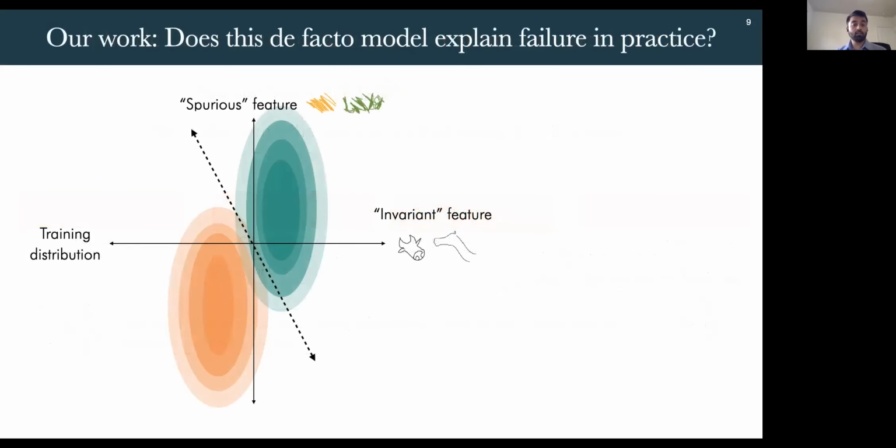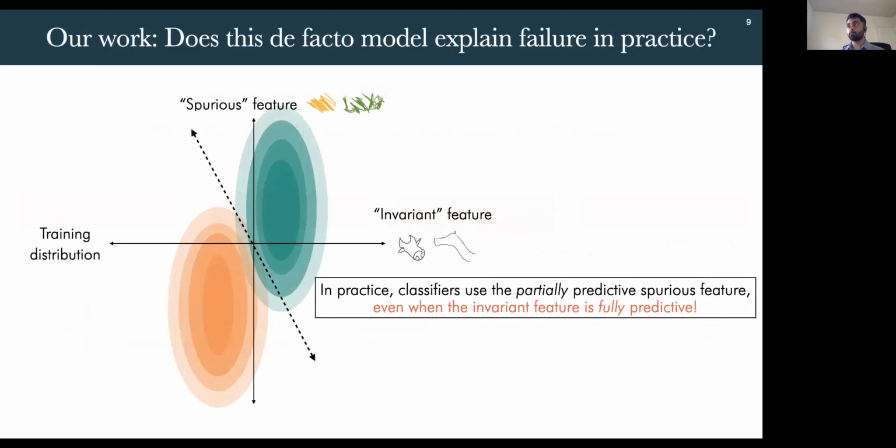Now, to understand how this theoretical model is limited, one crucial observation is the following. In practice, you will observe that even when the invariant feature is fully predictive of the label, the classifier still relies on the background features, the spurious features, which are only partially predictive of the label.